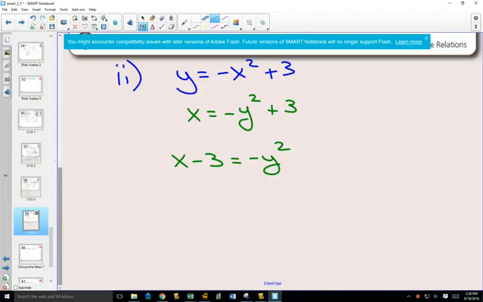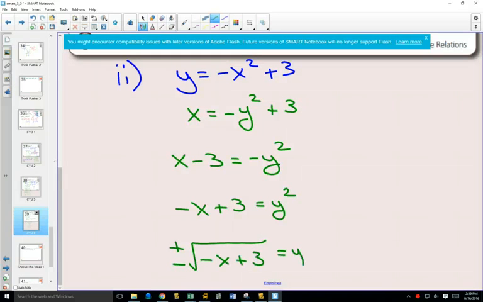Before we can square root, we would like to get that y all by itself. So to get rid of the negative, we can either divide by a negative 1 or multiply by a negative 1. If I multiply the left side by a negative 1, I get negative x plus 3 equals y squared. And now I can square root both sides, and I get plus or minus the square root of negative x plus 3 equals y.